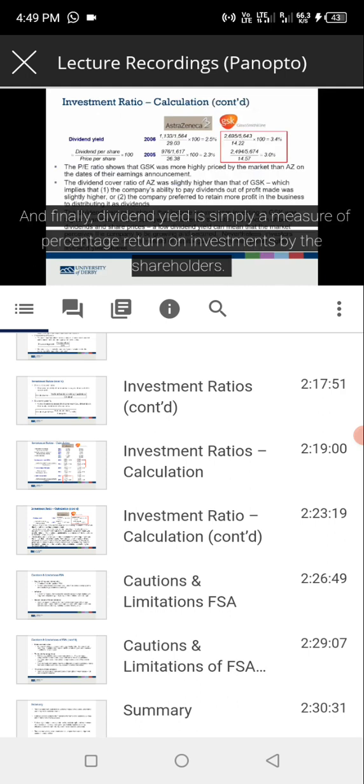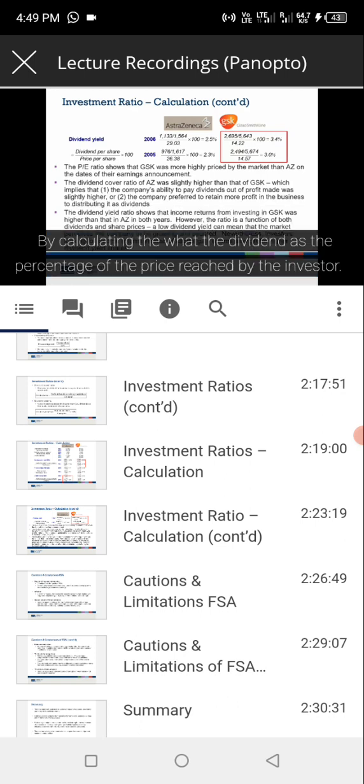And finally, dividend yield. This is simply a measure of percentage return on investment by the shareholders. By calculating the what? The dividend as a percentage of the price paid by the investor.